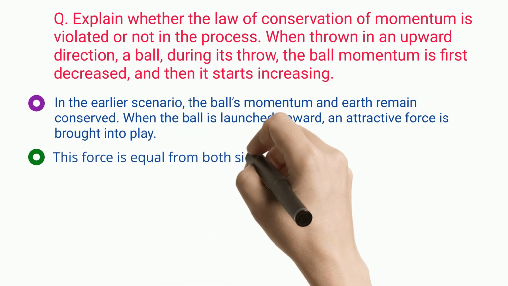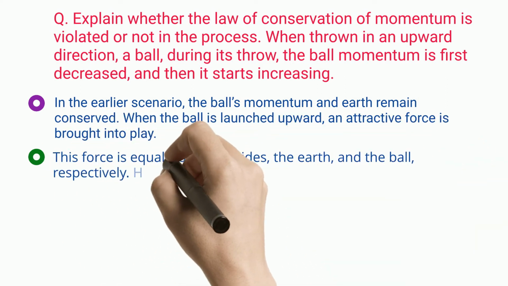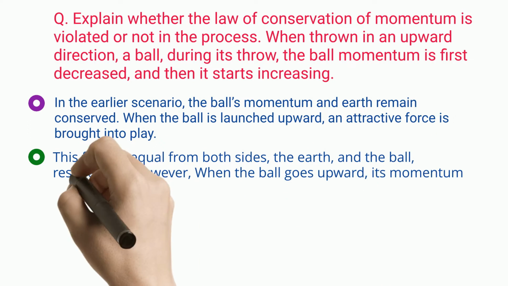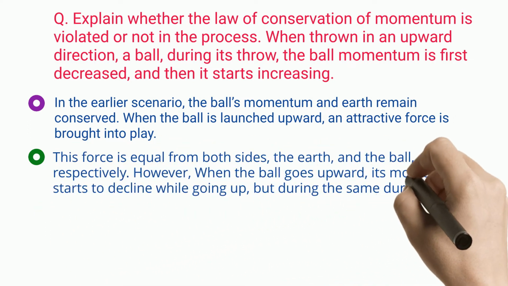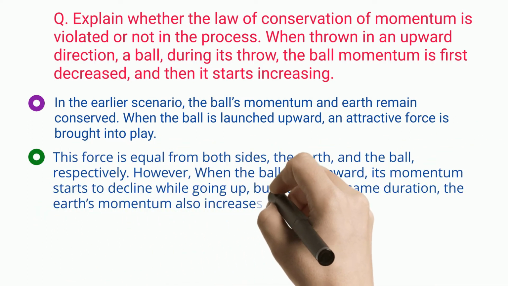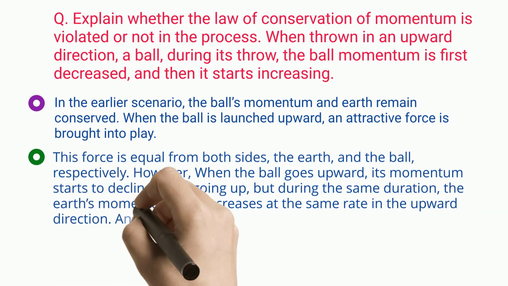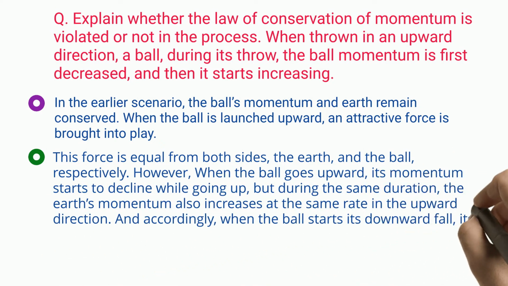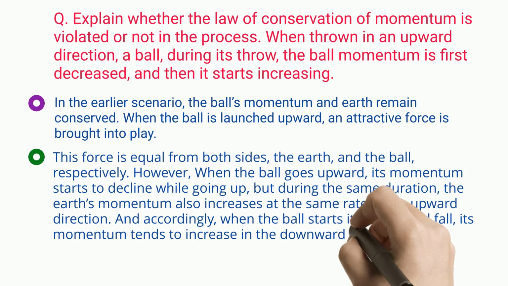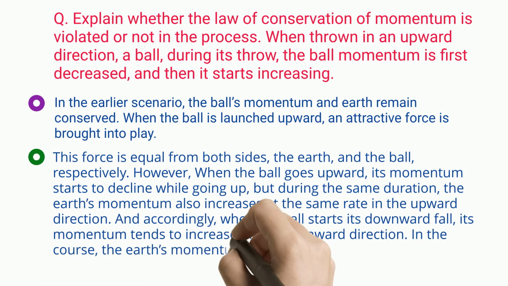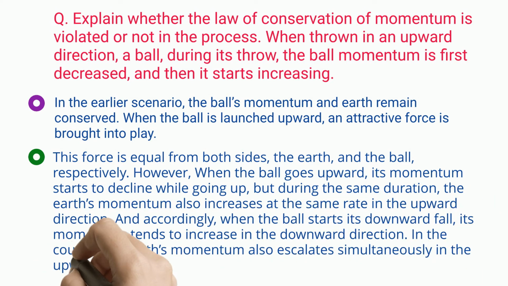This force is equal on both sides, the Earth and the ball, respectively. However, when the ball goes upward, its momentum declines, but during the same duration, the Earth's momentum also increases at the same rate in the upward direction. And accordingly, when the ball starts its downward fall, its momentum increases in the downward direction. In the course, the Earth's momentum also escalates simultaneously in the upward direction.